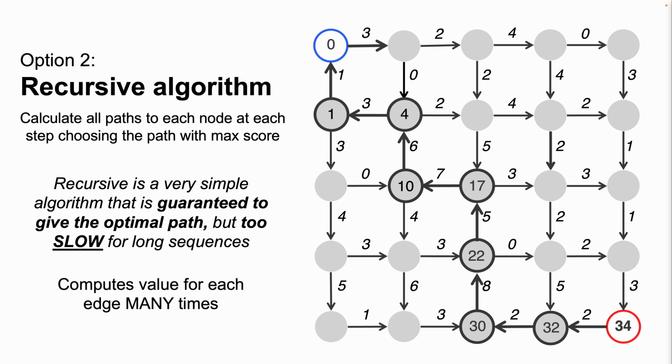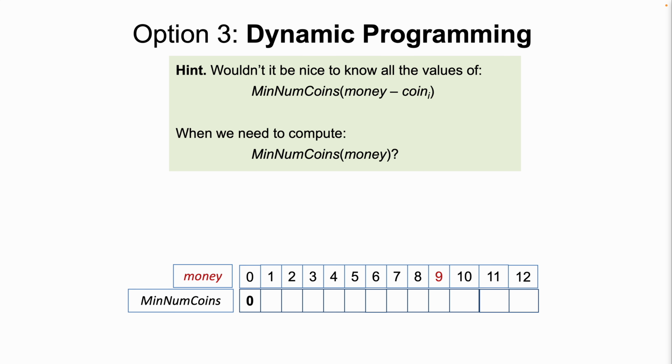And what this really great mathematician discovered, and he's on the next slide, is that with a small tweak, we could not have to do all those computations and still use the fundamentals of the recursive algorithm.